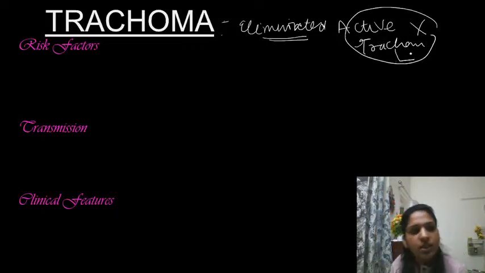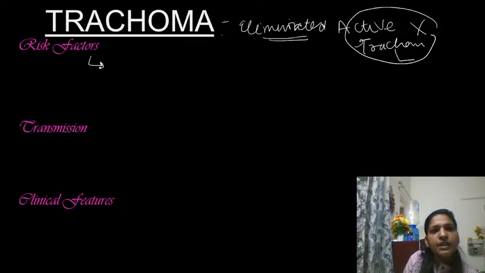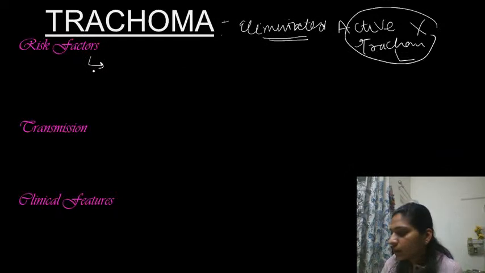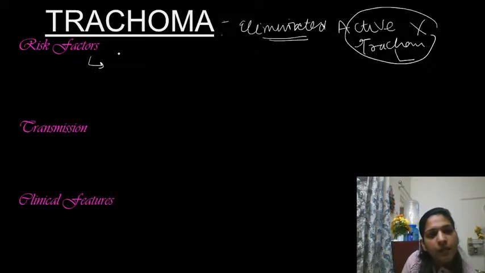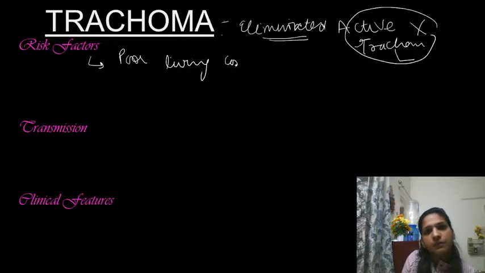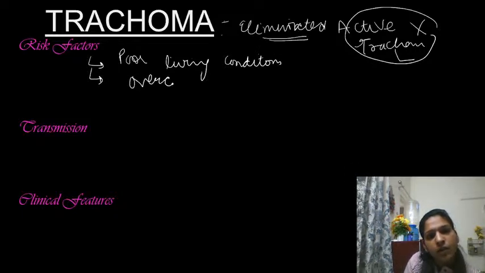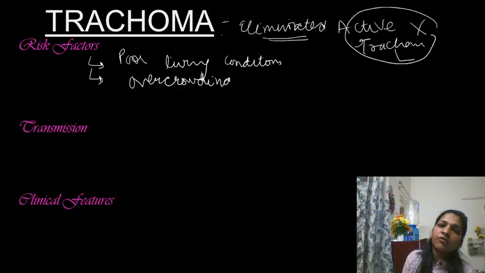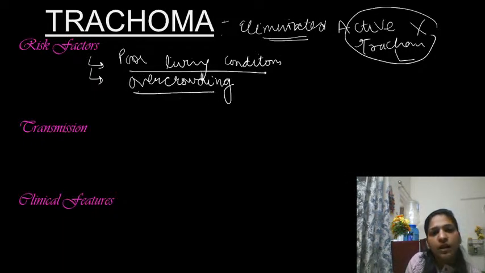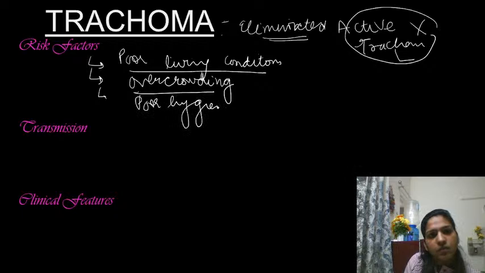Can anyone tell me the risk factors involved in trachoma? These are poor living conditions and overcrowding. Trachoma is basically a disease of the poor. Overcrowding, poor living conditions, poor hygiene, all these can lead to trachoma.